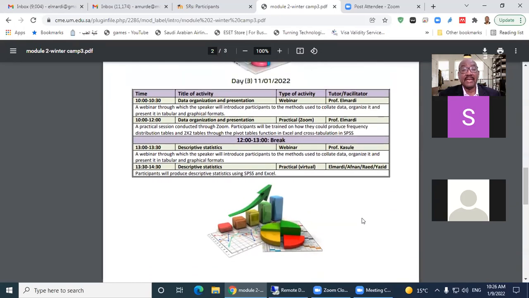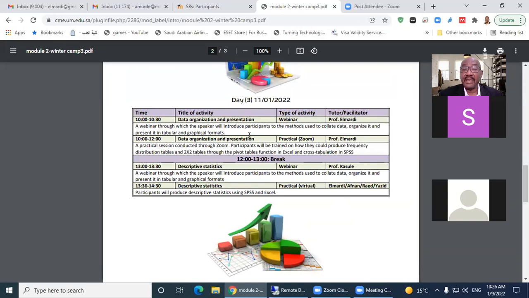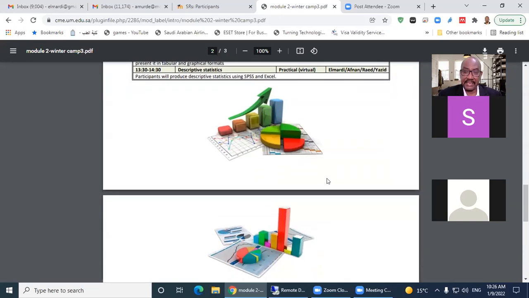Now, the first part of the third day is about data organization and presentation. And then the second half of the day will be about what is known as descriptive statistics. And this will start with a webinar by Professor Omar Kasuli, and then we will have a virtual practical session about descriptive statistics.